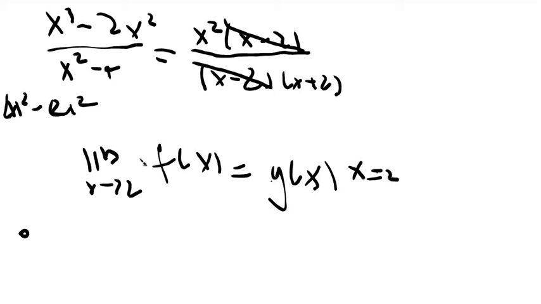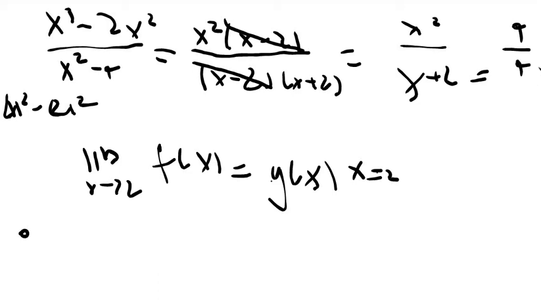It's going to be undefined again. So we're left with x squared over x plus 2. To solve this, we plug the 2 in. So 4 divided by 4 equals 1. So both of these limits are equal, except that x cannot equal 2.